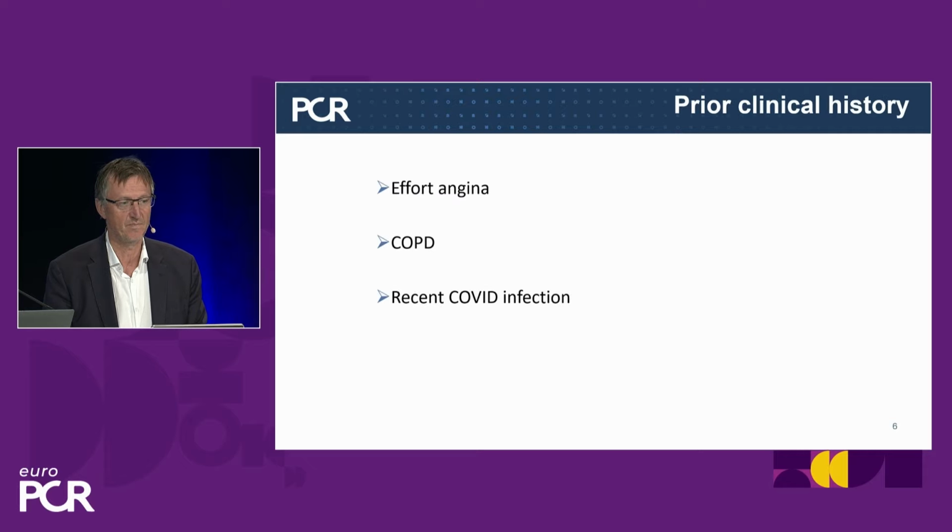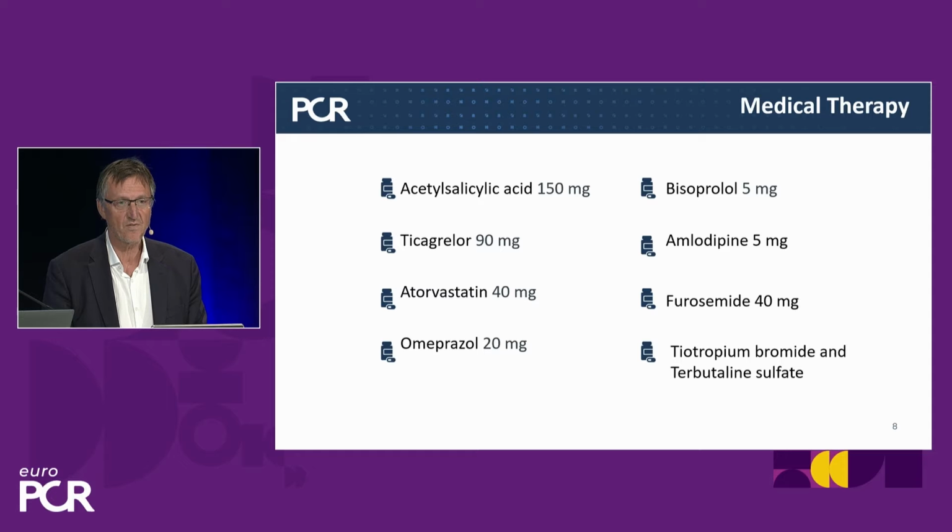He was independent in daily life, an active person, and is now on dual antiplatelet therapy, conventional drugs, and some treatment for the COPD. Hemoglobin and renal function, nothing to mark, and the troponin was slightly elevated. The left ventricular function was normal, there were no valve problems, and he was in sinus rhythm.